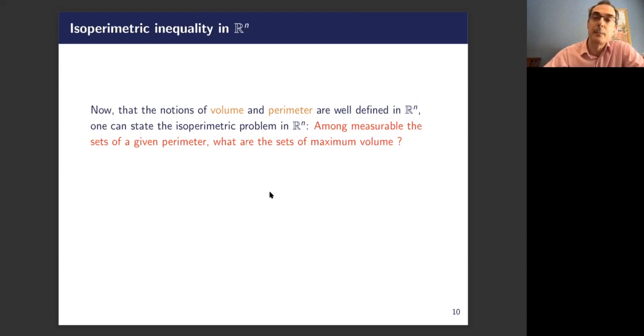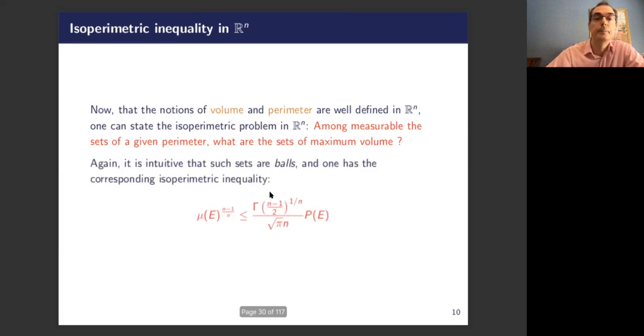The problem mathematically is the following: among measurable sets of given perimeter, what are the sets of maximal volume? In the Euclidean case, it should be relatively intuitive that the solutions are balls. That is, for symmetry reasons, the sets maximizing the volume for a given perimeter should be the balls.